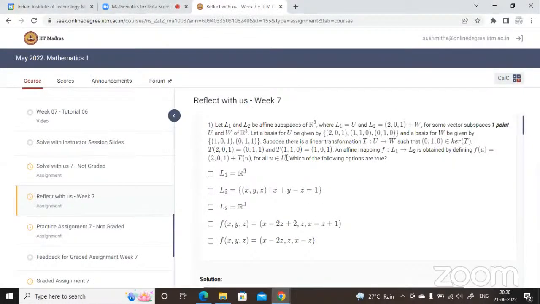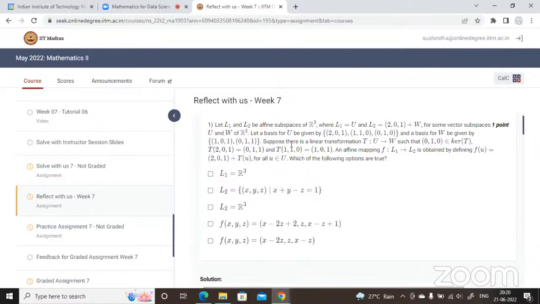Madam, can I interrupt once? You mentioned a little earlier that U is R3. Do you mean to say U is actually spanning the entire R3? U is a subspace of R3, so it is not R3, isn't it?